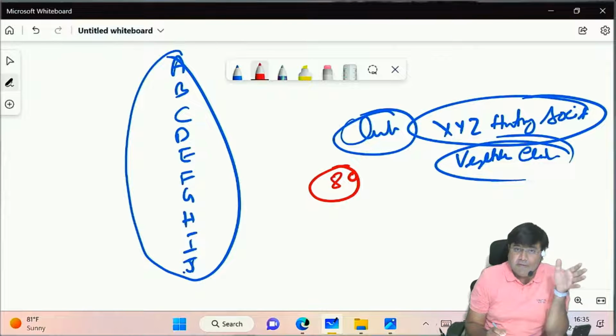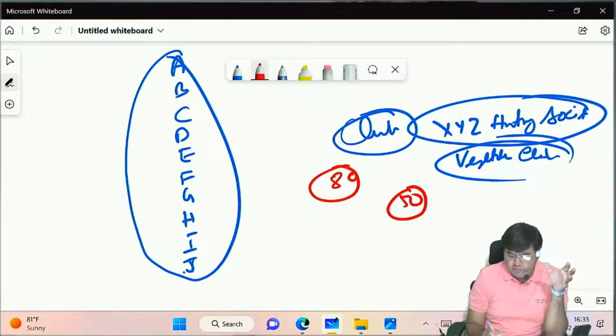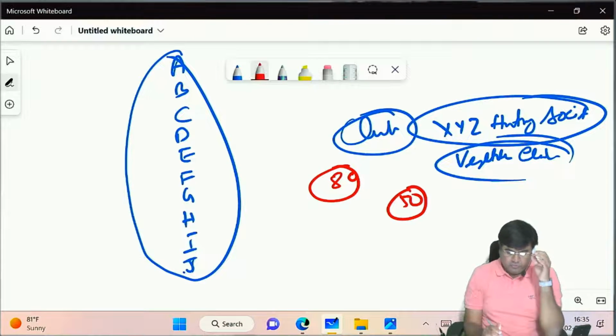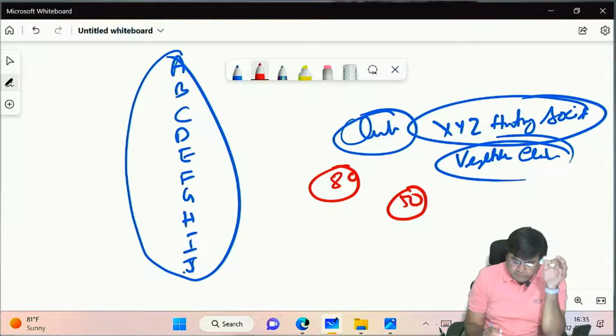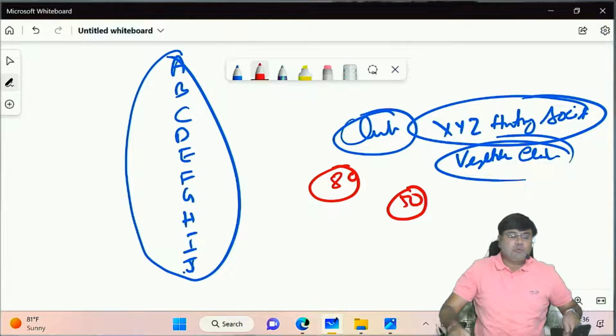But if the club buys that and supplies to A, then the rate is 50 rupees, because the club is going to buy in bulk. So that's why these people form the club, so that they are going to save the money.